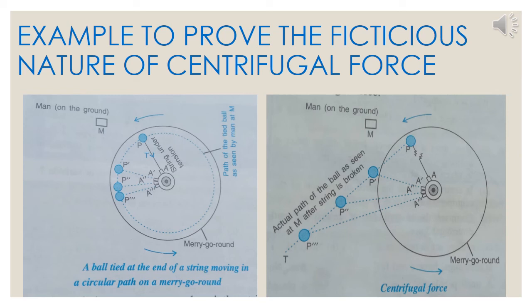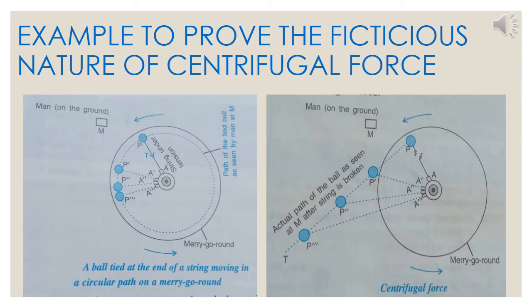Now, suppose the string breaks when the ball is at position P. The force of tension T in the string ceases to act. Now, the person at M standing on the ground will observe that the ball is moving in a straight line along the path PT, while the person at A standing on the merry-go-round will observe the ball at positions P dash, P double dash, P triple dash, and so on, when he will be at the positions A dash, A double dash, and A triple dash, and so on, respectively.